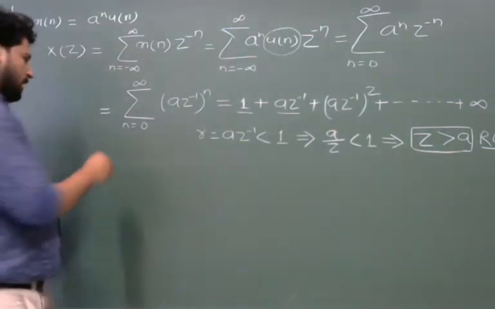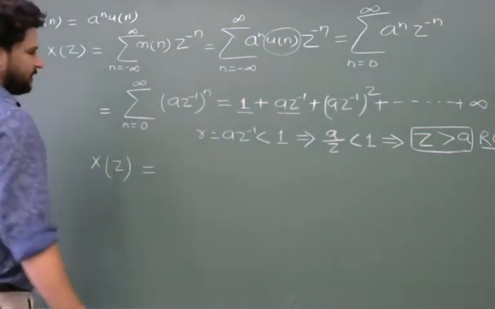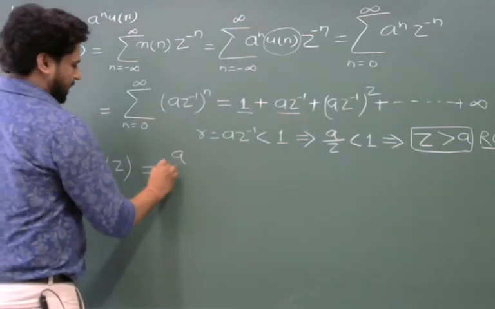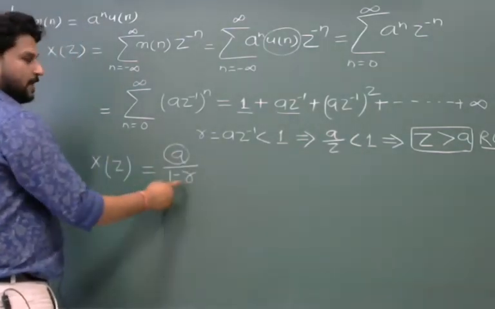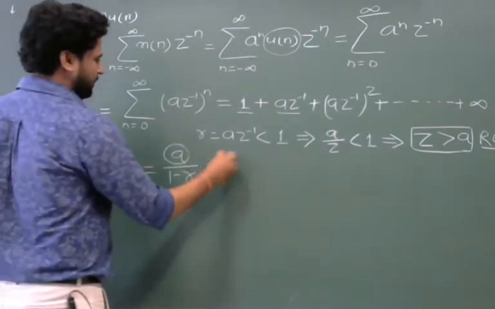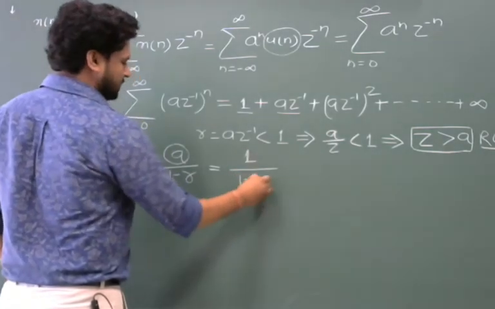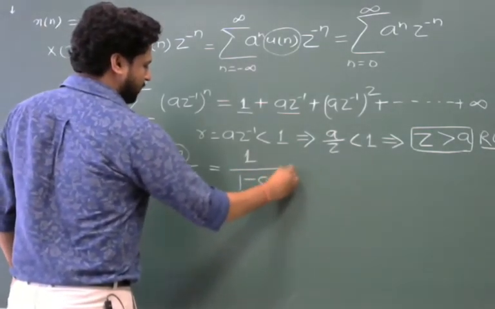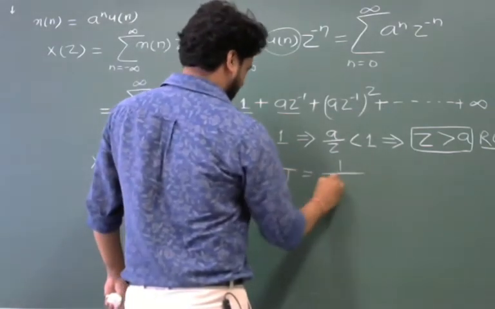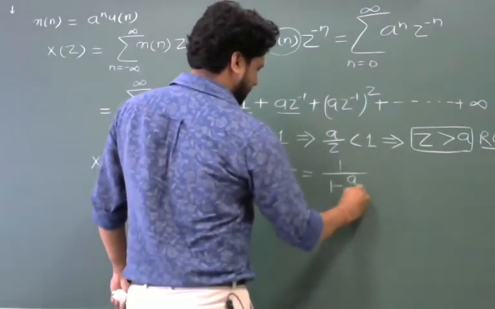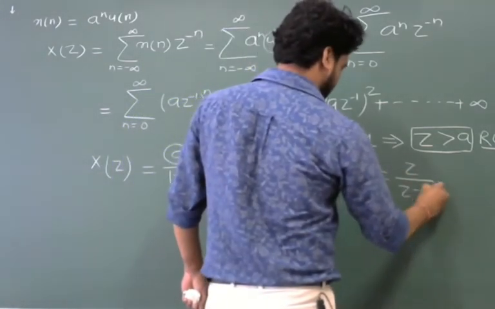And what will be the value of X of z? This is the summation of an infinite GP. So we can write it as a upon 1 minus r, means first term upon 1 minus common ratio. So this will become, first term is 1, upon 1 minus r, which is a z power minus 1, or we can write it as 1 upon 1 minus a by z, or this will be equal to z by z minus a.